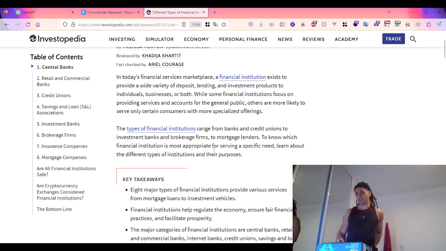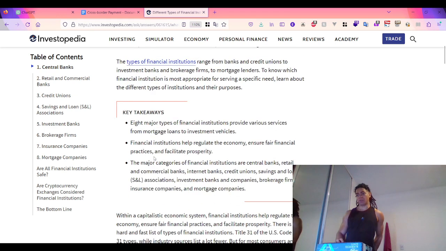To know which financial institution is most appropriate for serving specific needs, learn about the different types of institutions and their purpose. Eight major types of financial institutions provide various services from mortgage loans to investment vehicles. Financial institutions help regulate the economy, allegedly ensuring fair financial practices and facilitating prosperity.